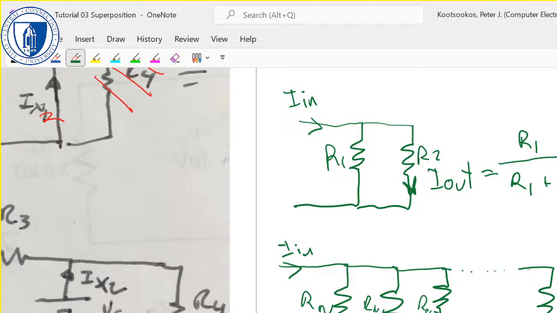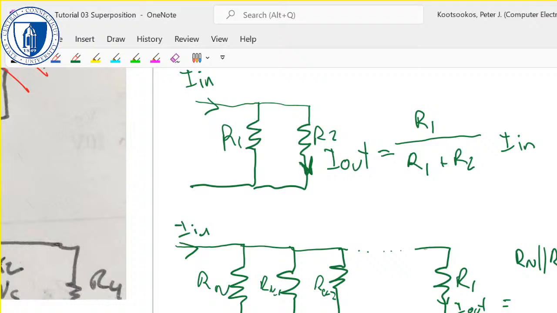Right, so it's going to be Rn in parallel with Rn minus 1, in parallel with Rn minus 2, all the way down to in parallel with R2, divided by R1 plus the same thing again, Rn in parallel with Rn minus 1, in parallel with Rn minus 2, in parallel with R2 again.